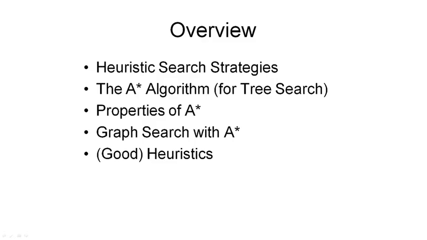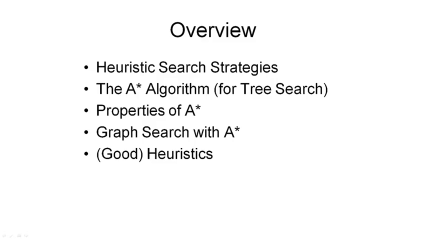In general, this is done by using an evaluation function that tells us how good a search node is. Greedy best first search simply uses the heuristic function as the evaluation function, but a better solution is provided by the A-star algorithm. The evaluation function used by A-star is simply the sum of the heuristic function for a node plus the cost of getting to that node in the first place.